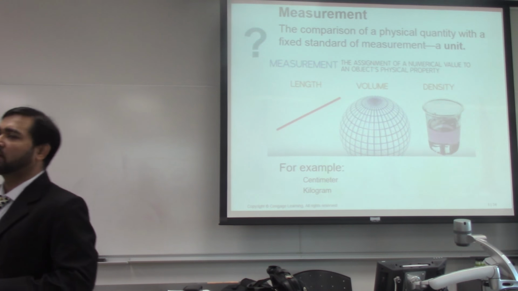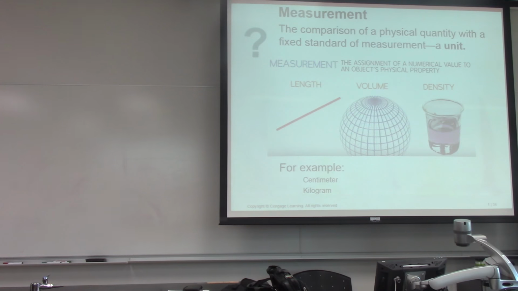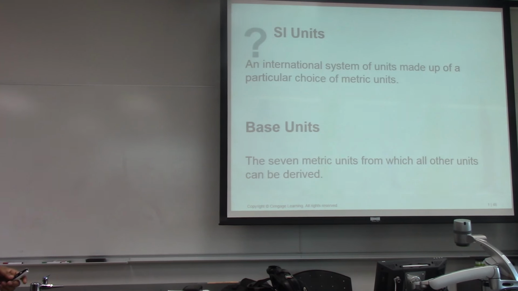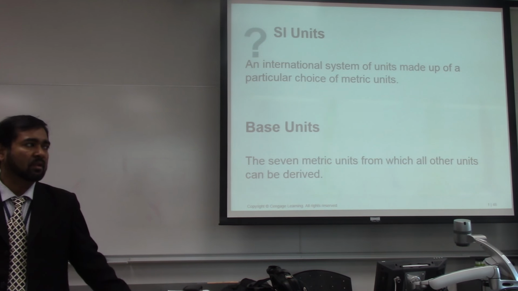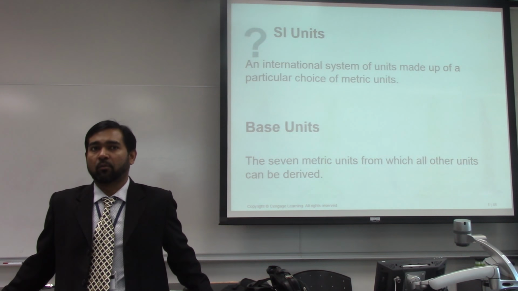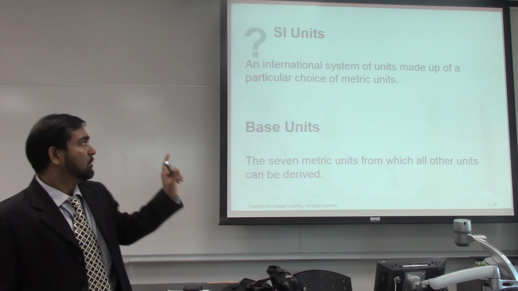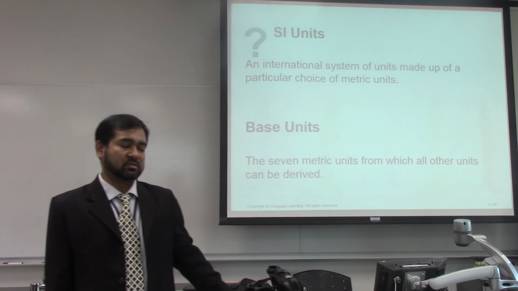Scientists have standard measurements to describe physical properties. So this numerical value is used for the physical property, and mostly people follow the SI method.